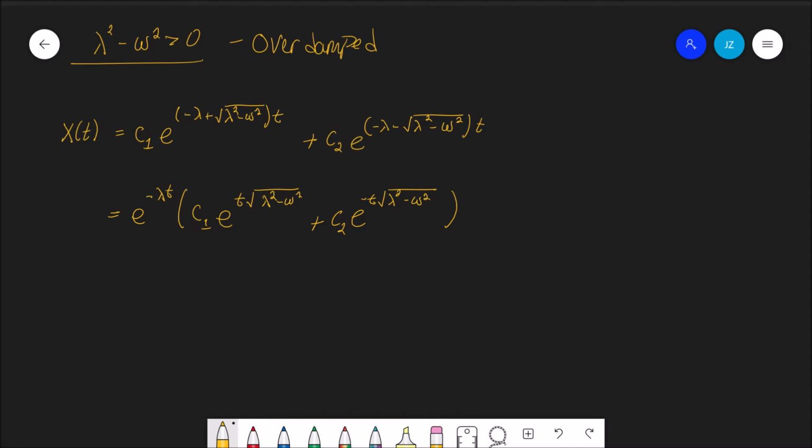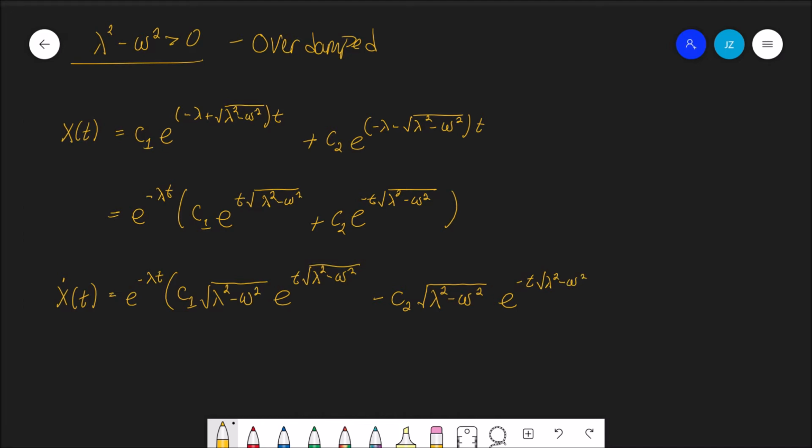So x dot is e to the negative lambda t times C1 times the square root of lambda squared minus omega squared e to the t times the square root of lambda squared minus omega squared, minus C2 square root of lambda squared minus omega squared e to the negative t square root of lambda squared minus omega squared.